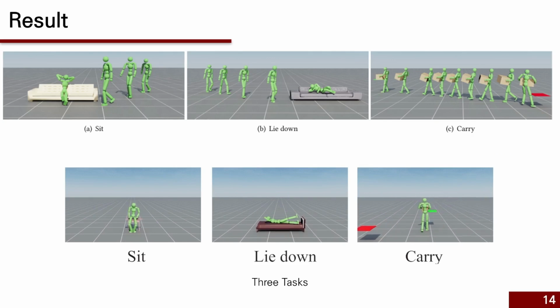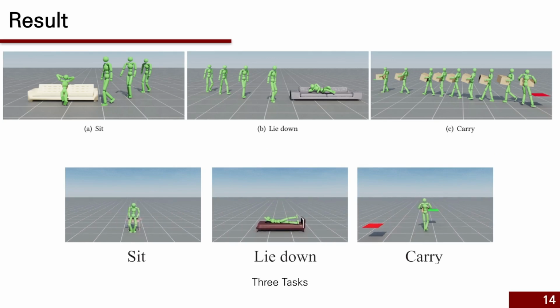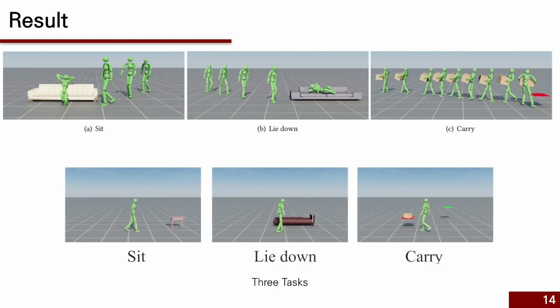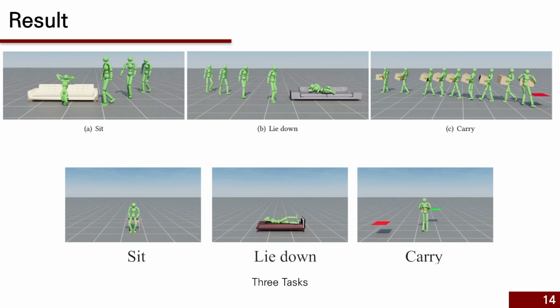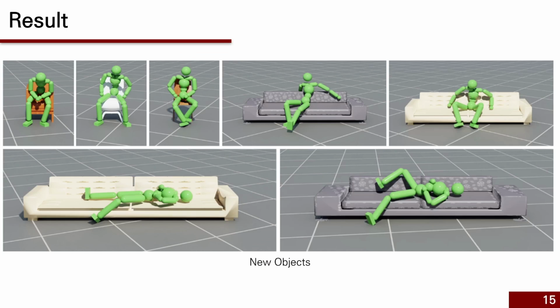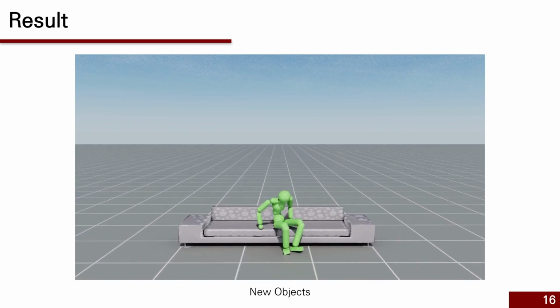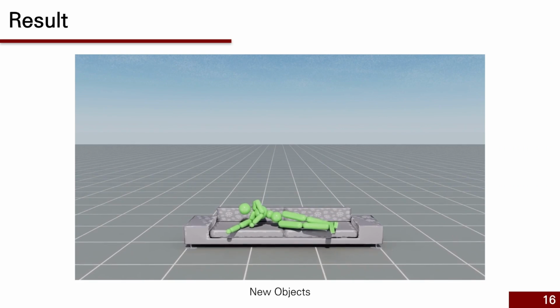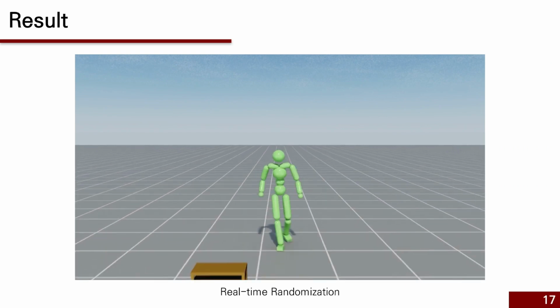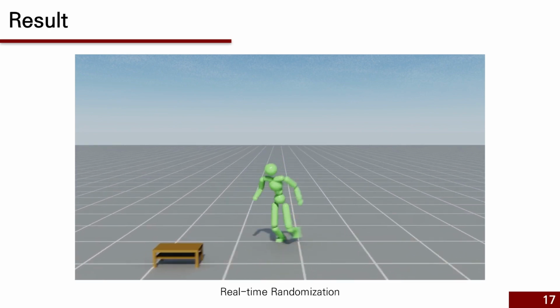The results are shown as well. The results show that the character performs all 3 given tasks well. It can sit, lie down, and carry a box with its hands. Also, the character performs well with unseen objects during the training process. Also, you can see the effect of randomization.